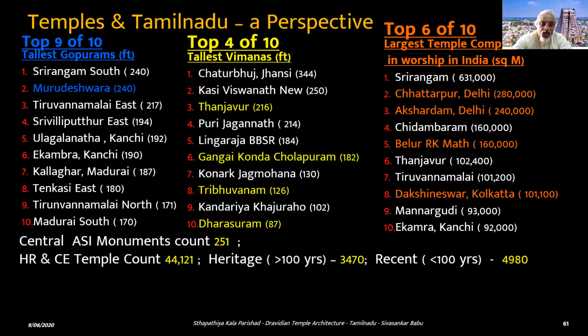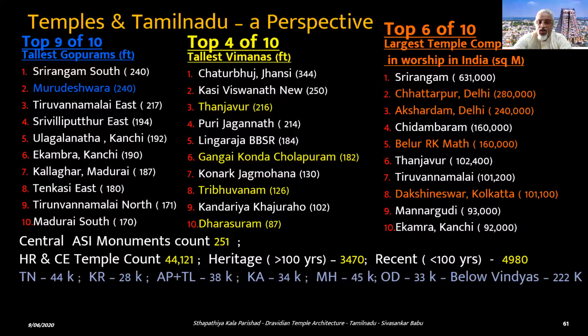The recent ones and listed big temples are around 5,000. And the rest are sundry small temples. You can see the amount of temples we have.